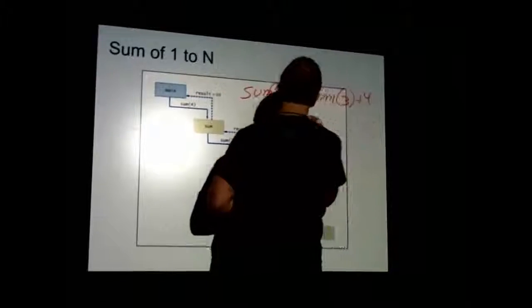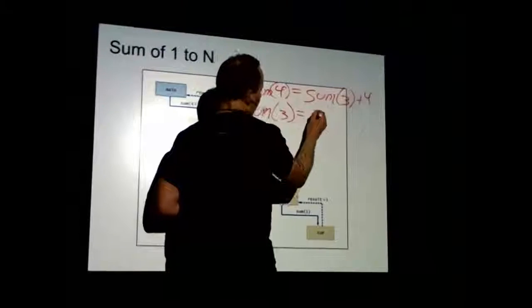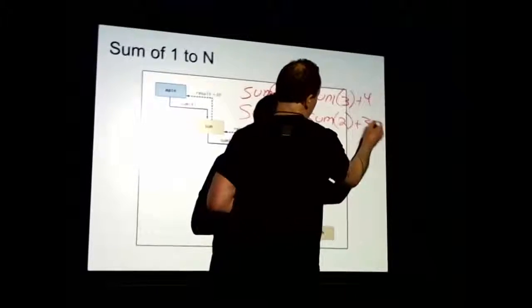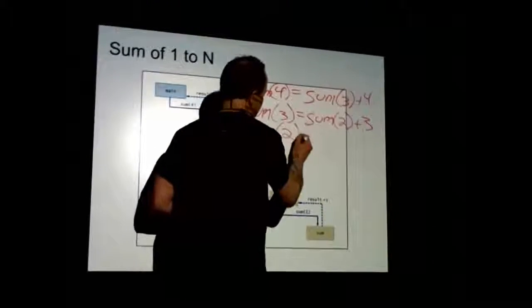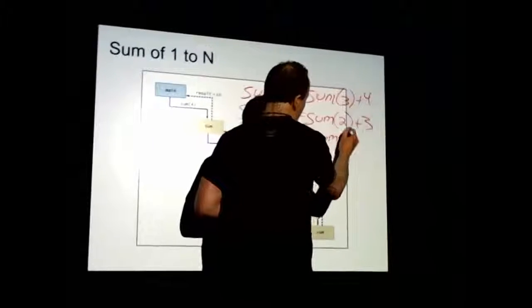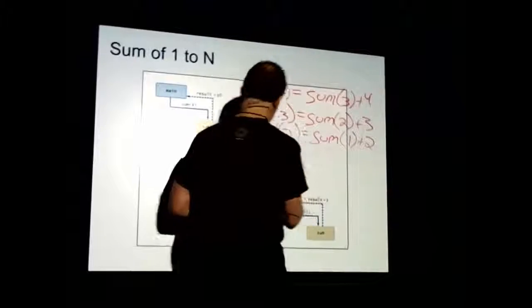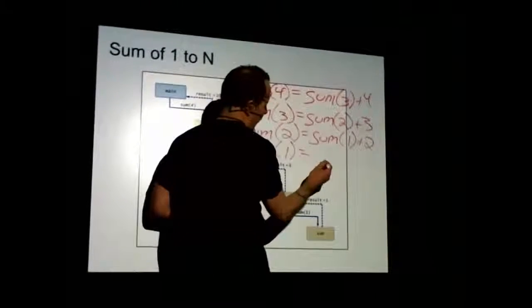And then sum of 3 equals sum of 2 plus 3. Hopefully I'm writing this well. Sum of 2 equals sum of 1 plus 2. Sum of 1 equals 1.